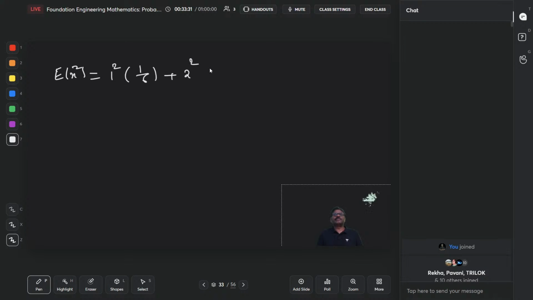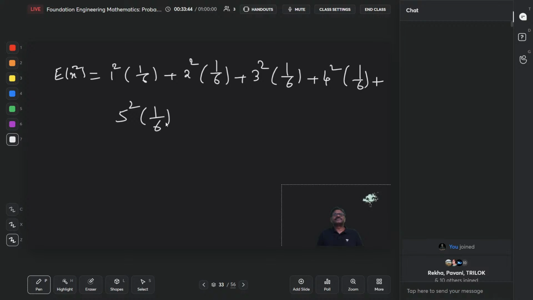Now expectation of X square: 1 square into 1 by 6, 2 square into 1 by 6, 3 square into 1 by 6, 4 square into 1 by 6, 5 square into 1 by 6, 6 square into 1 by 6.